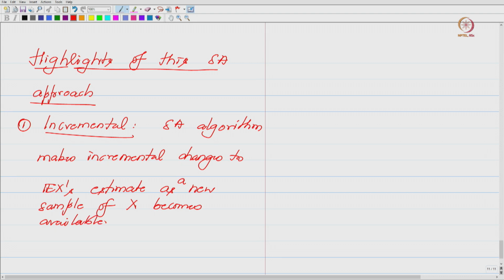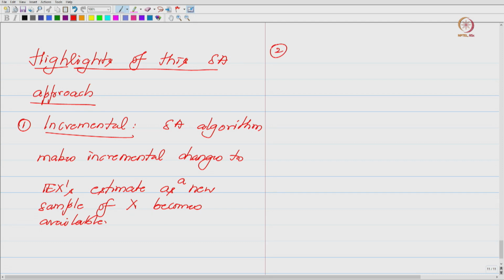Notice that as soon as you have one sample we have an estimate of expected value of X. When you get the second sample, you improve upon this estimate and get x2, which is the second estimate of expected value of X, and so on and so forth. So in an incremental way we can make better and better estimates of expected value of X as more and more samples become available.